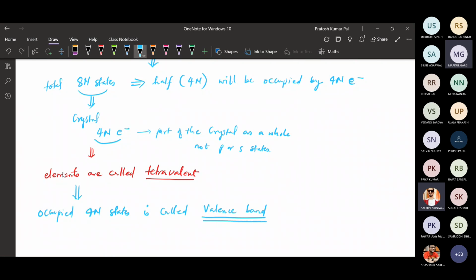Okay, so once the atoms are made closer such that they form a crystal, in that crystal the states that are occupied by electrons are called the valence band, and the empty states are called the conduction band. Okay, is it clear?